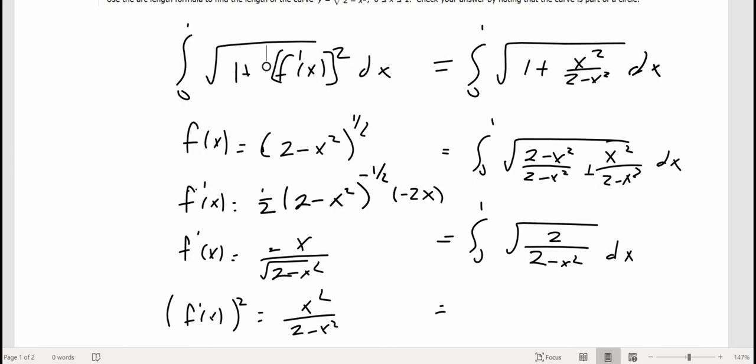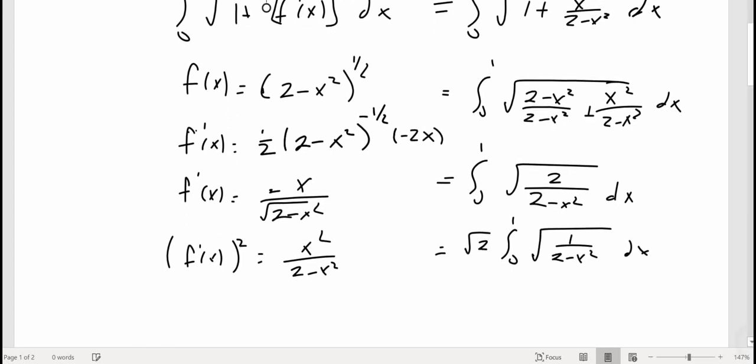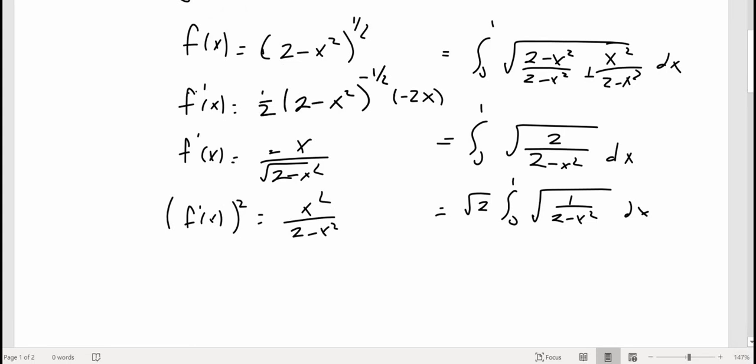And let's see, so that's going to be the square root of 2 times the integral from 0 to 1. So I'm just taking that constant out.